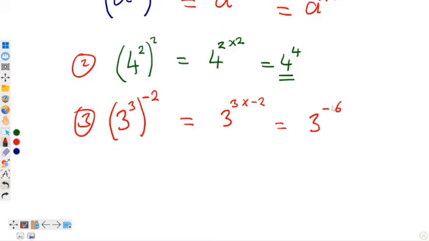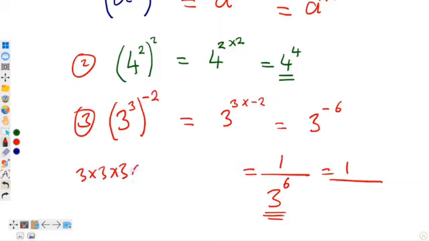Now remember, we can't leave our answer like this. Why? Because of the negative which is on the power. So we are going to rewrite this as 1 over 3 to the power 6. Now you can leave your answer like that. If it's to evaluate, you say 1 over, you multiply 3 by itself 6 times, which is 3 times 3 times 3 times 3 times 3 times 3, 1, 2, 3, 4, 5, 6.